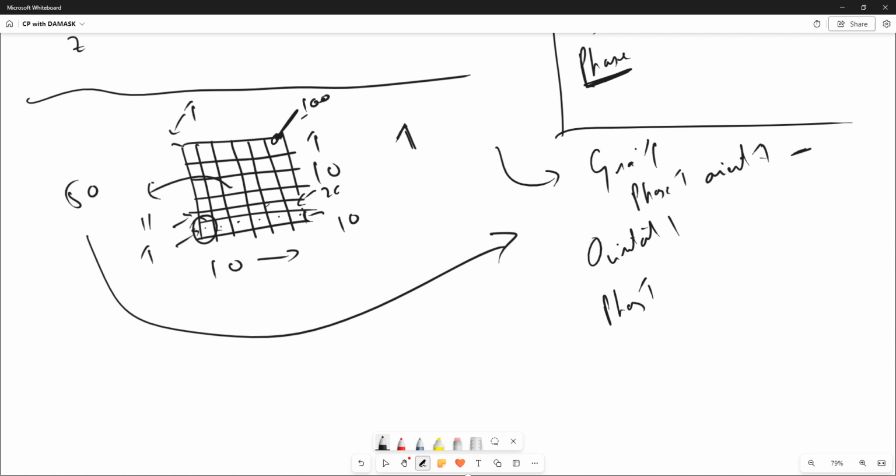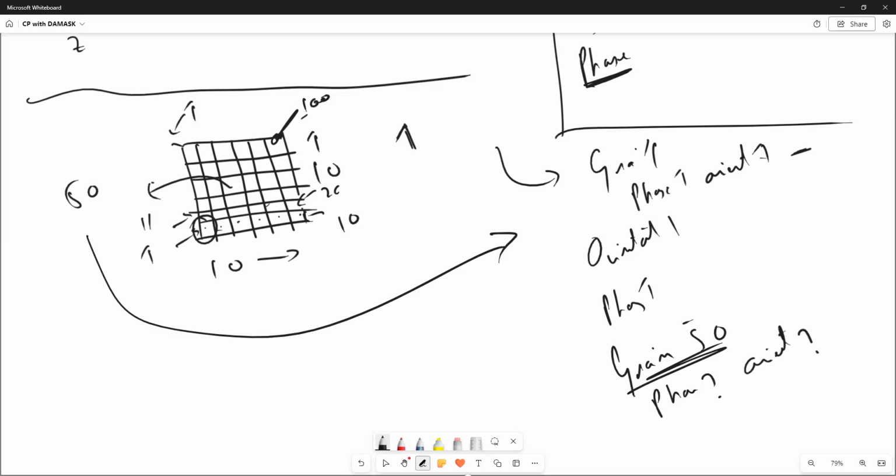So somewhere here there will be information about grain 50. I will write here grain 50, and then it will see, okay, this has which phase and what orientation, and from here it will understand what this point 50 is.